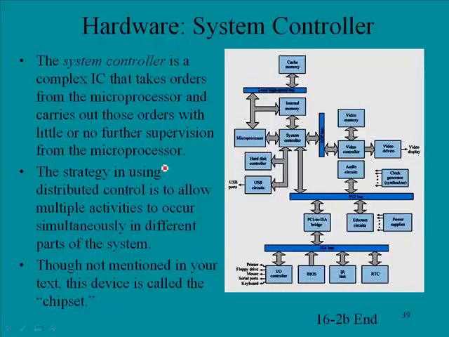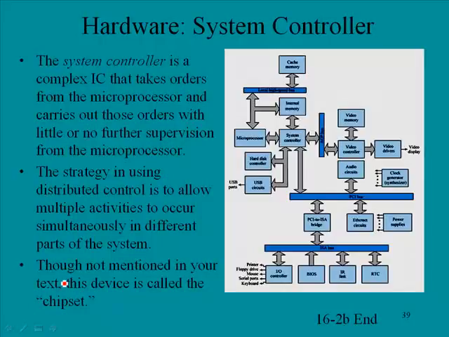The strategy in using distributed control is to allow multiple activities to occur simultaneously in different parts of the system. And the system controller is going to be carrying out many of these functions.